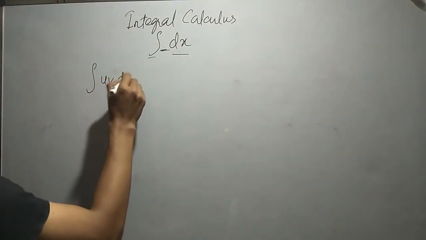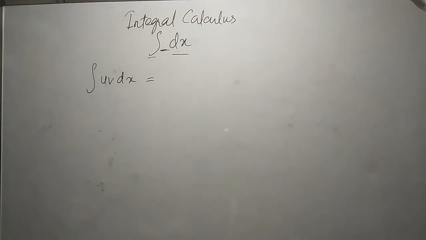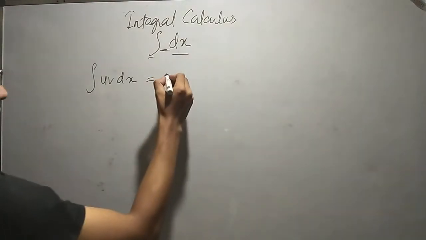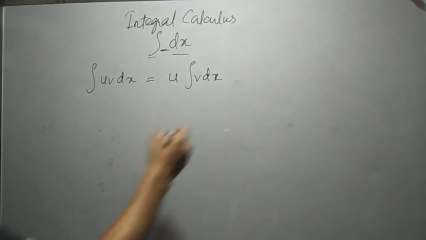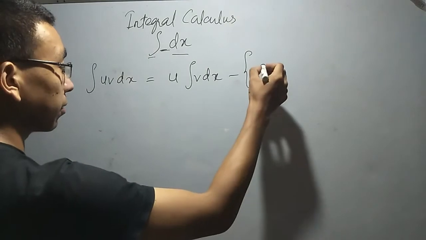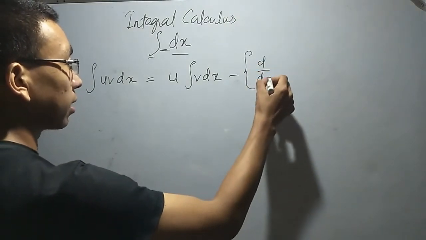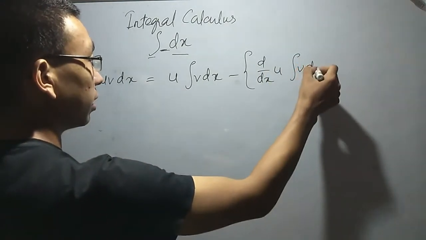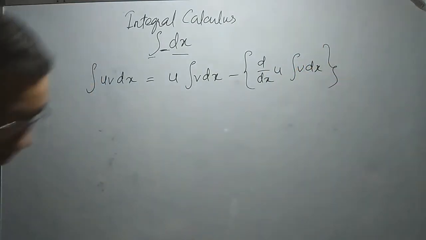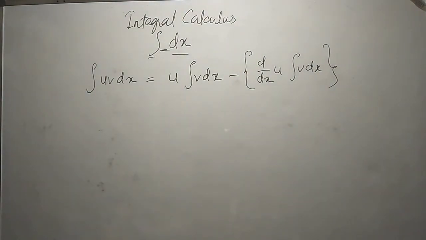Integration of uv dx is equal to u times integral of v dx, minus integral of d by dx of u times integral v dx. So this is the formula for the product u into v. If a function is of the form u into v, then we shall apply this formula.